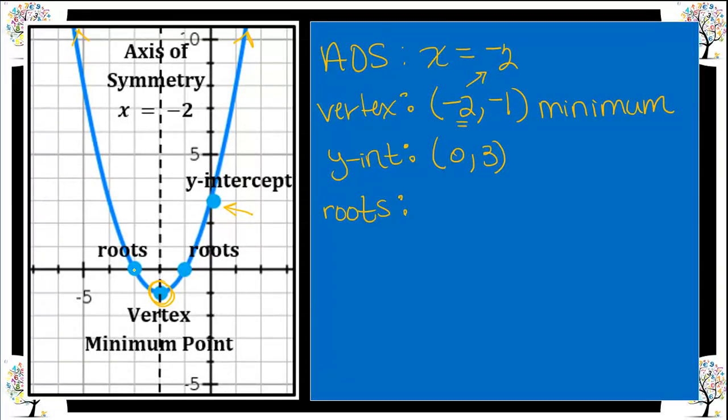So our roots, our zeros, are going to be (-3, 0) and (-1, 0), or from least to greatest, {-3, -1}. So these are the parts of our parabola when our parabola turns up.